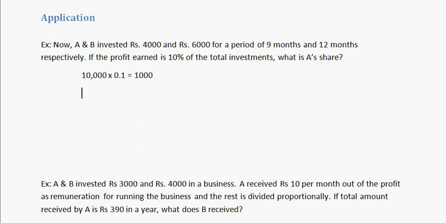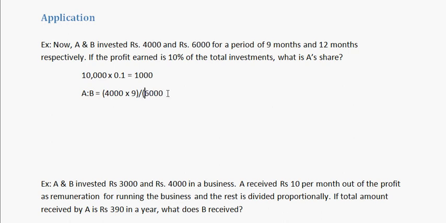So the ratio of the profits would be, A ratio B would be the product of the investments into the time period, right? Because 4,000 is working for 9 months and 6,000 is working more, right?